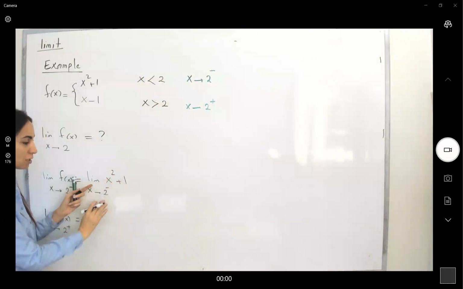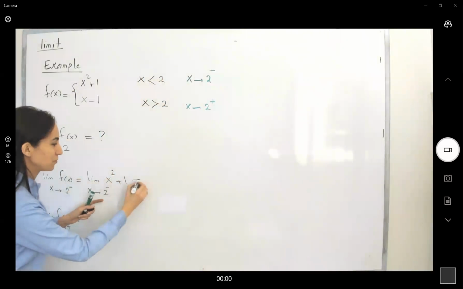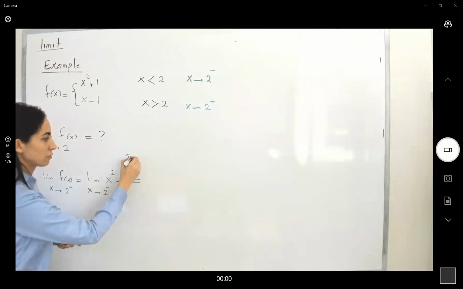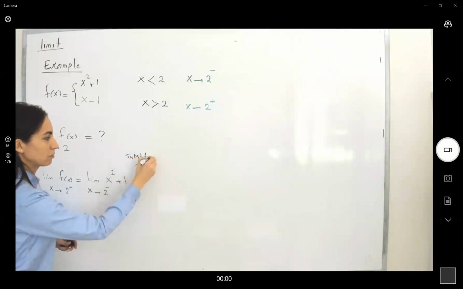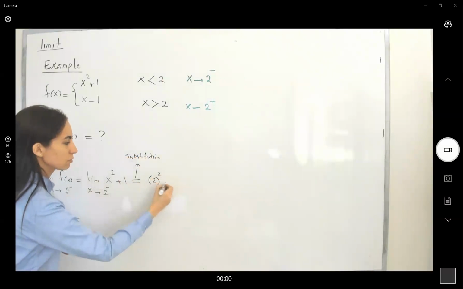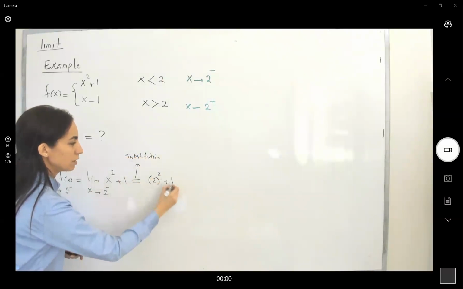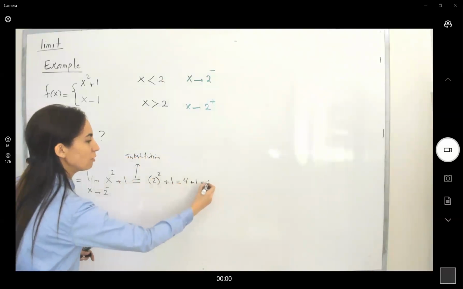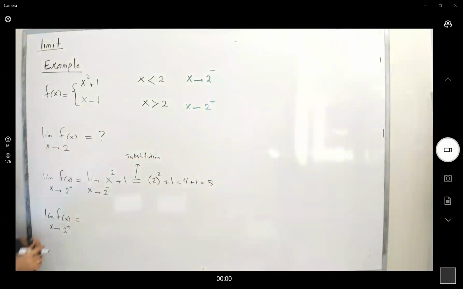I find the limit by direct substitution. So 2 squared plus 1 is equal to 4 plus 1, or 5. So if I approach 2 from the left-hand side, the y value is 5.